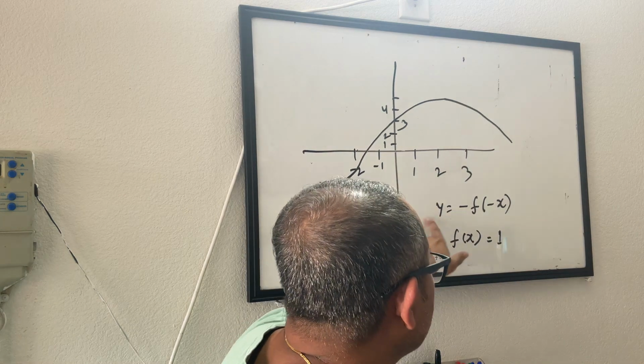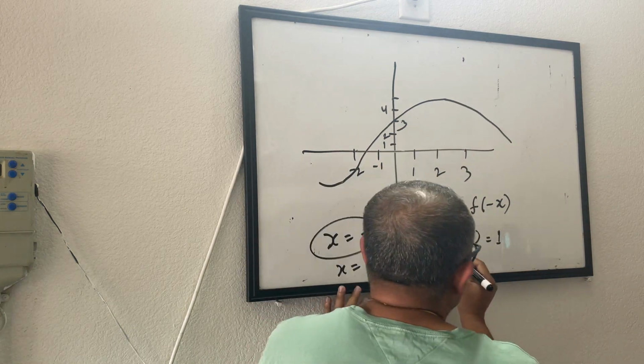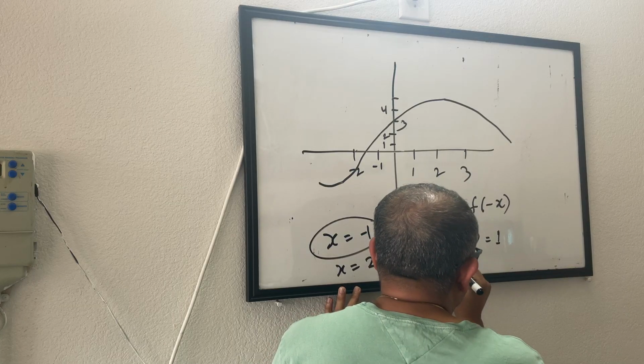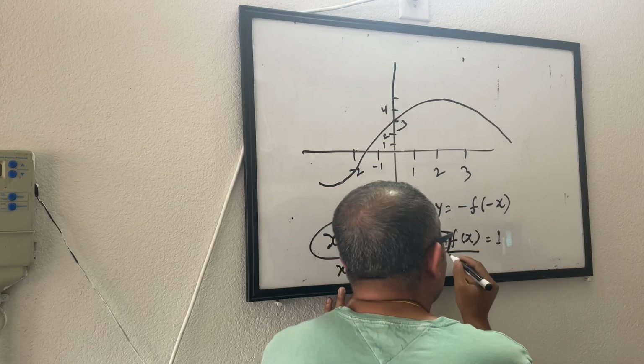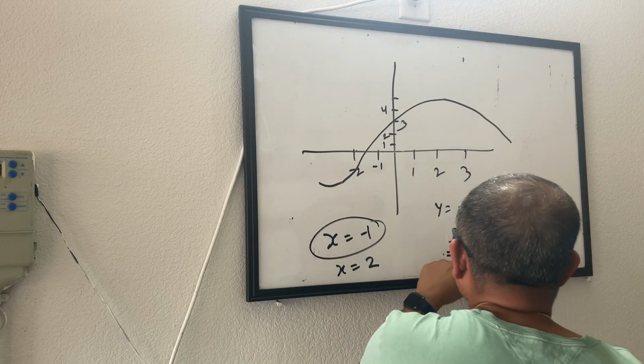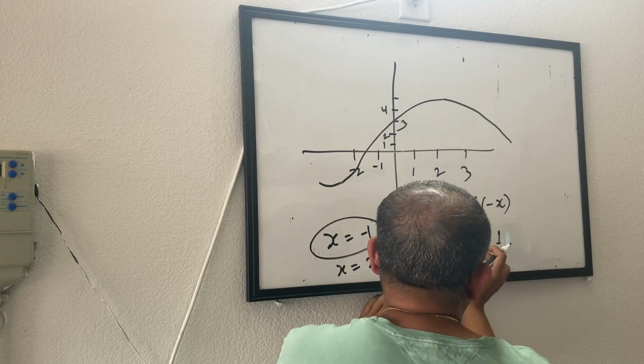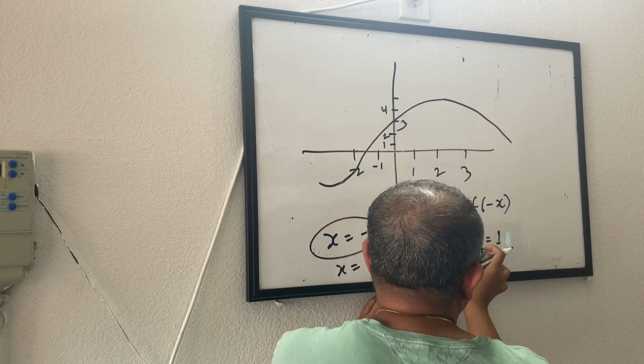Okay, so this is the function for which we have a graph. We have been asked to find out the value of x for which f of x will be equal to 1. Meaning, if I decode this problem, it says find out for what value of x the y value will be equal to 1.